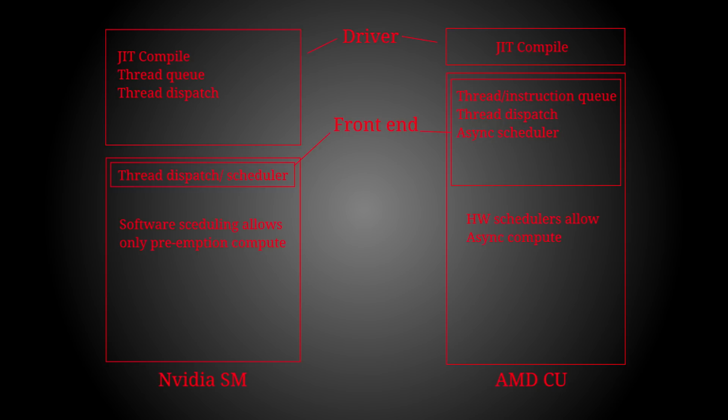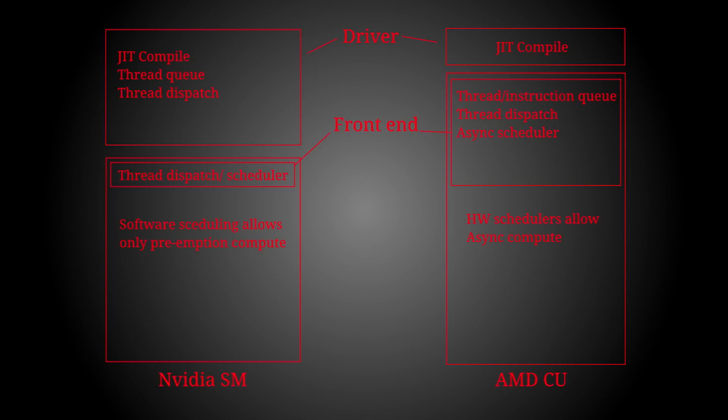Because of this, AMD is able to do true asynchronous compute because there are hardware schedulers in the compute units that are able to co-schedule different work items together, much like done in a CPU. Also importantly, this means that AMD's GPUs can execute integer and floating point workloads together.